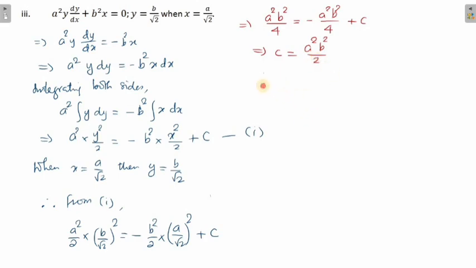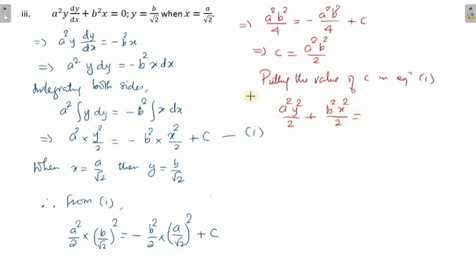So putting the value of c in equation 1, we get a squared y squared by 2 equals, bring this also here, plus b squared x squared by 2 equals c. c is a squared b squared by 2. You see we have 2 in the denominator, so all of them can be cancelled.